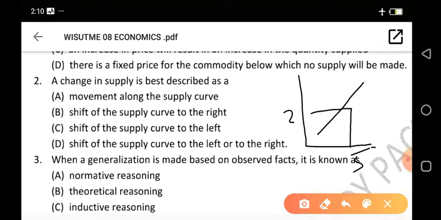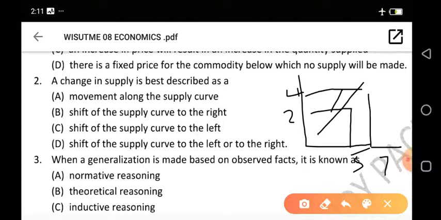Now if there's an increase from this point, let's say this now is 4 and this is 7. So this movement upward is called movement along the supply curve. It is the price of the commodity that can cause this movement.